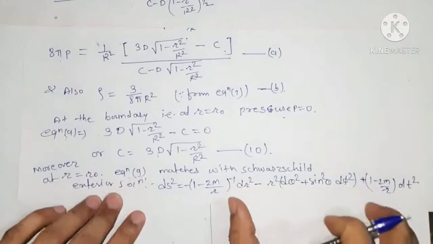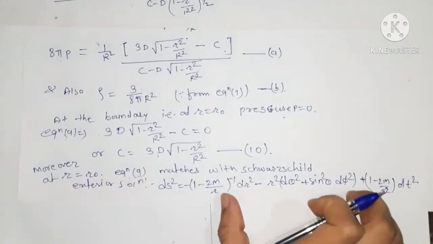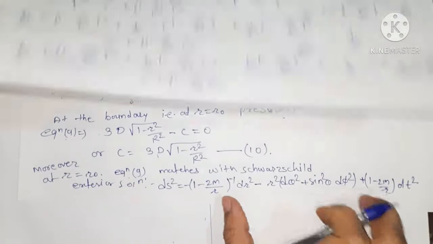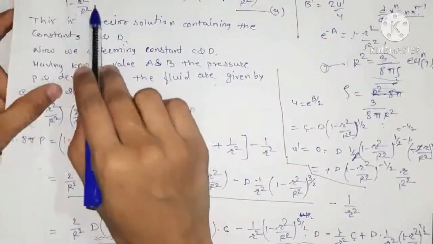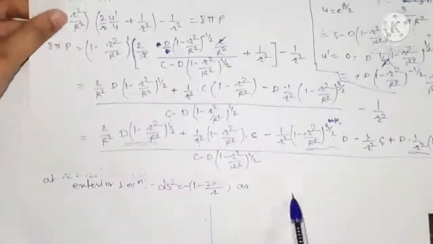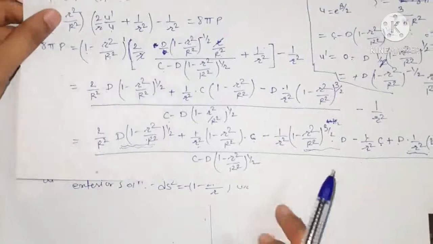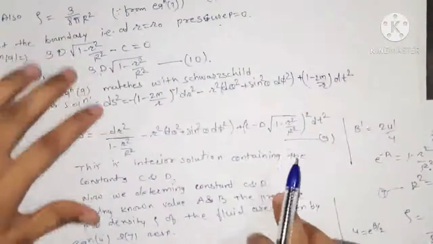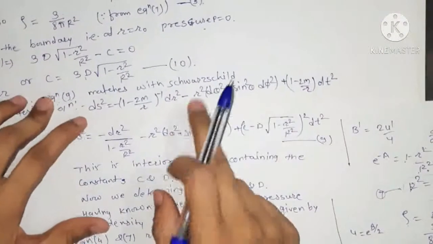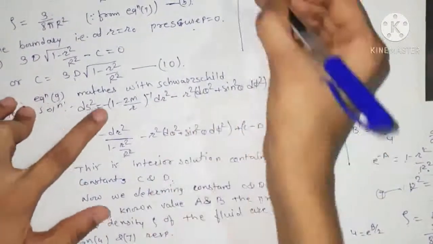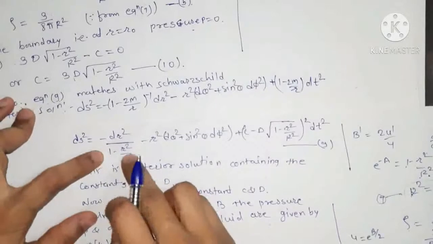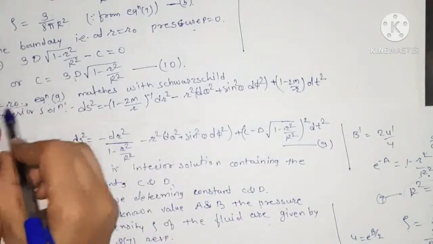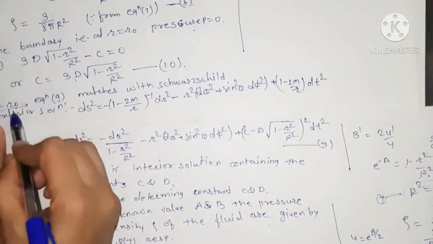Now our equation 9, the Schwarzschild interior solution, matches with the exterior solution at the boundary condition r equals r0.